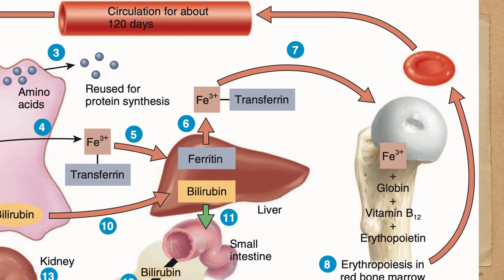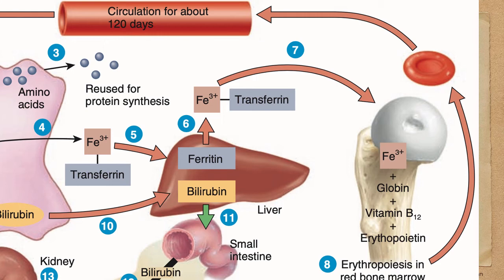Now, if there comes a time that you need an iron component for the creation of red blood cells, once again the iron is fetched by the transferrin, because remember, our taxi is the transferrin. So the taxi driver will carry the iron again to its destination, which is the bone marrow. I hope you remember our discussion about the production of red blood cells. Usually it happens in the bone marrow.